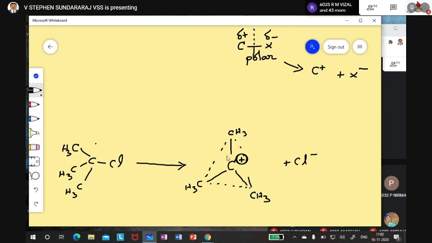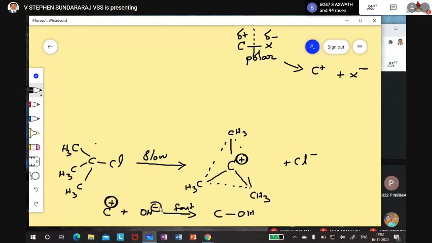Now the carbocation is formed. This is the slow step, like I told you, whenever a bond is breaking. The second step is carbocation plus OH minus, which was waiting because it could not attack from either side. After the breaking, it is a better, stronger nucleophile and it will form a C-OH bond. It will be very fast because it is an ionic interaction between a cation and an anion, like the ionic reactions you did in salt analysis.